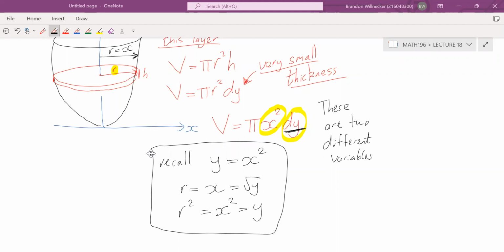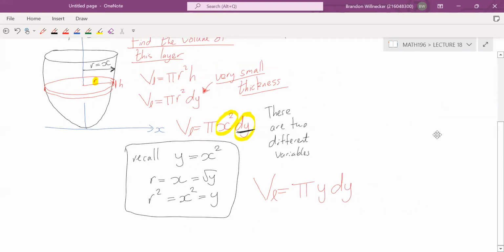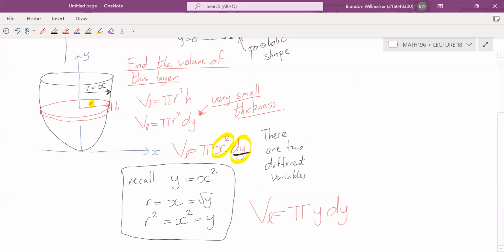Okay, so we know x squared is equal to y. So that gives us the final step here, so that the volume is equal to pi times y dy. So remember, this was the volume of a single layer. So let's put VL. This is the volume of one single layer. What we want to do now is find the total volume, or in other words, we want to sum up all of the layers.